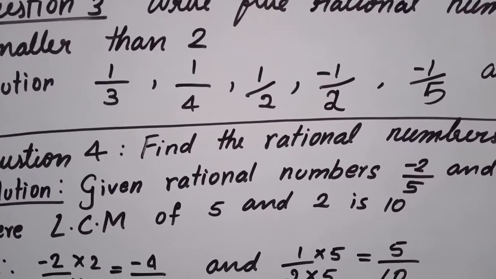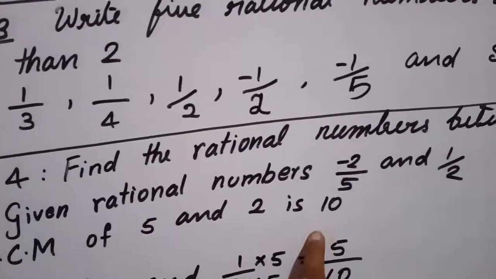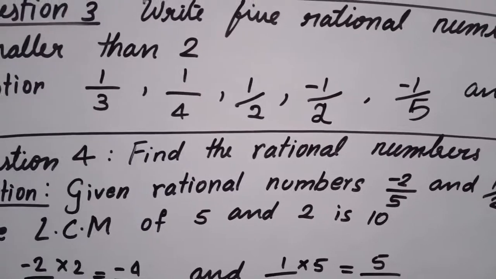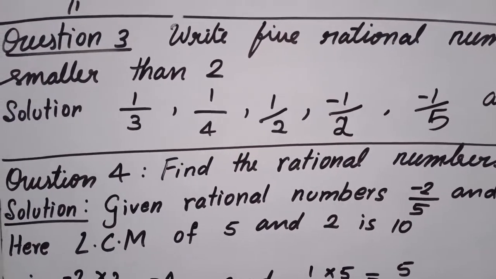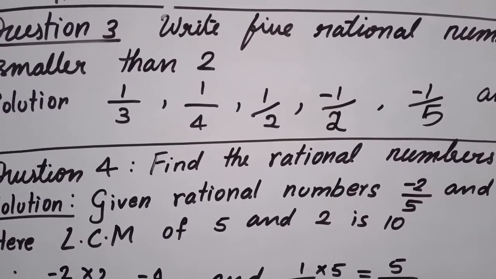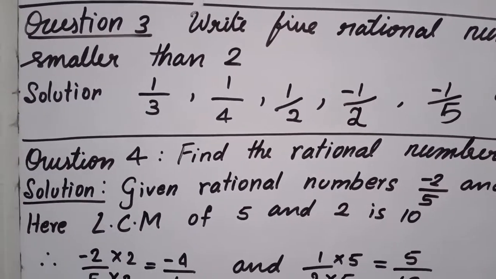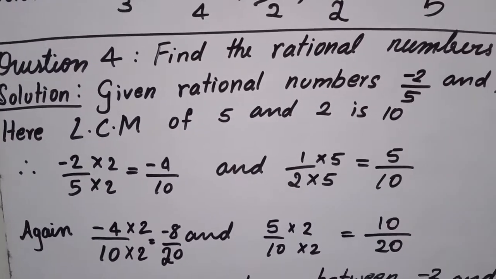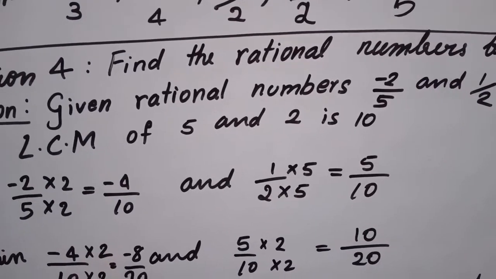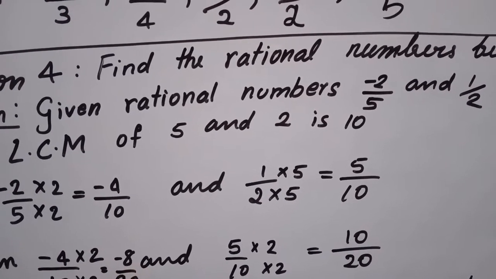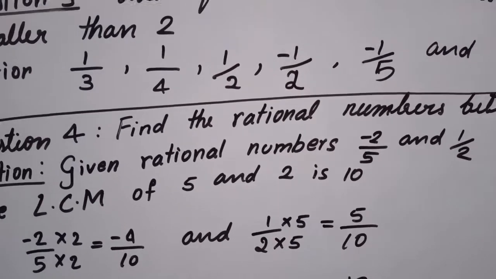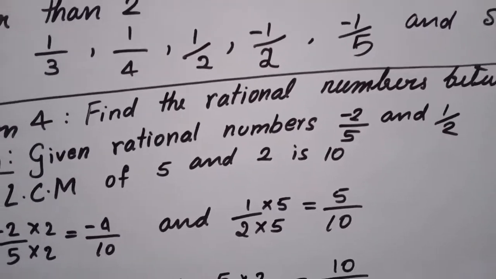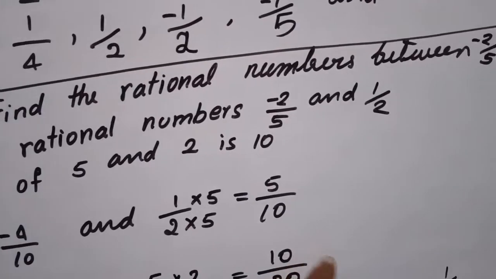So if we write only between minus 4 and 5, we will not get that many. So what can we do? We can increase it. If we multiply, it will not harm the original value. So let us multiply minus 4 into 2, 10 into 2, minus 8 by 20, and 5 into 2, 2 into 10, 10 by 20.